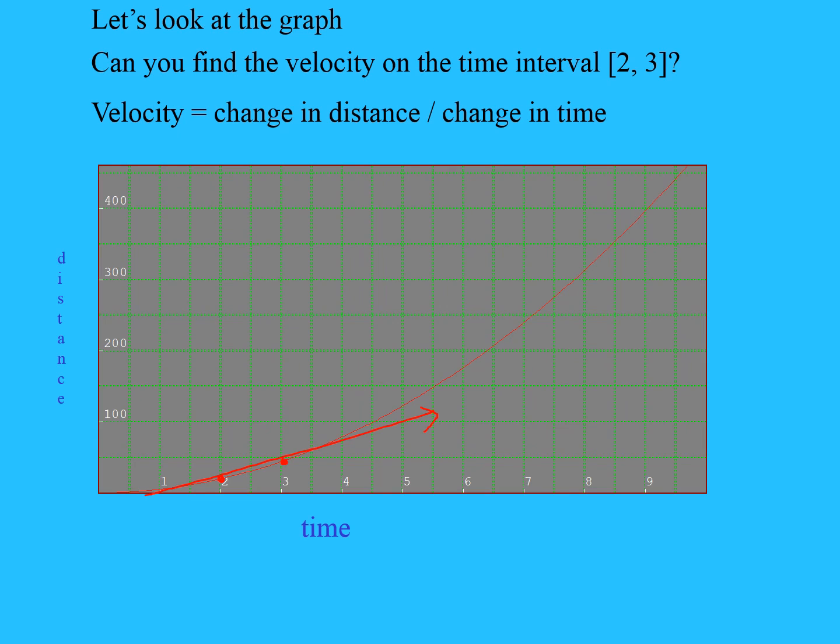That will give us the average velocity. Well, we can find the associated y value for when t equals 2, and the associated y value when t equals 3.